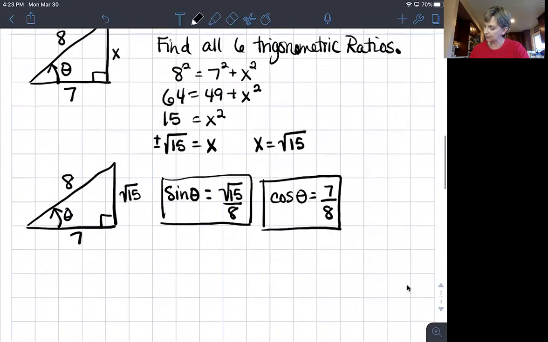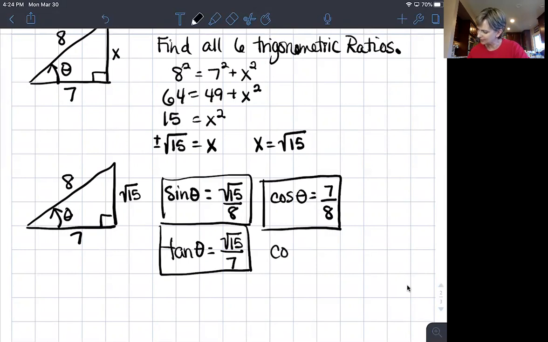Okay, let's do tangent. Tangent, TOA, is opposite over adjacent. All right, square root of 15 over 7. Okay, hopefully we're still on track and doing a good job. Okay, let's go ahead and do cotangent next, because we're right here next to tangent. Cotangent's a reciprocal of tangent, right?